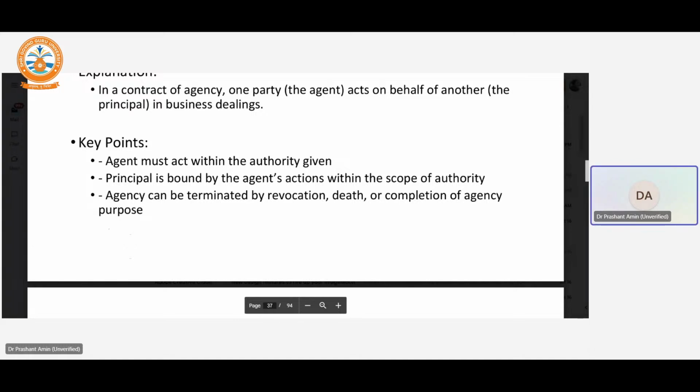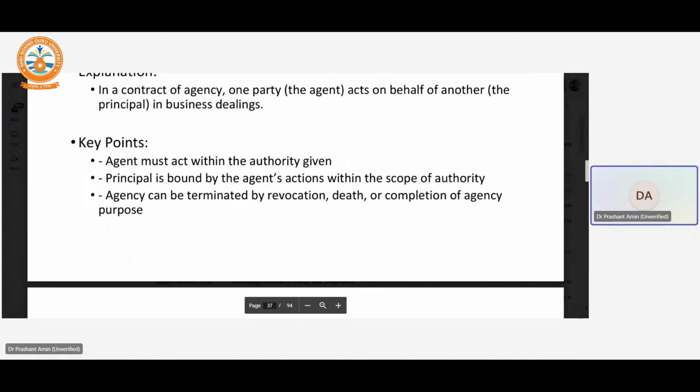Through the agency, the particular company operates, and it has to follow the rules and regulations provided by the master. So the agency contract is the relationship between the master and the servant. If the agency fails to perform the contract, then the master, which means the main company, is responsible. The agent must act within the authority of the master.